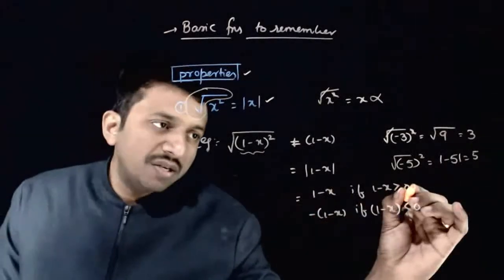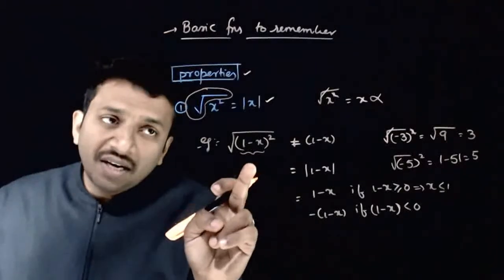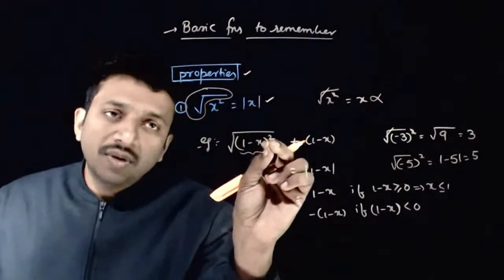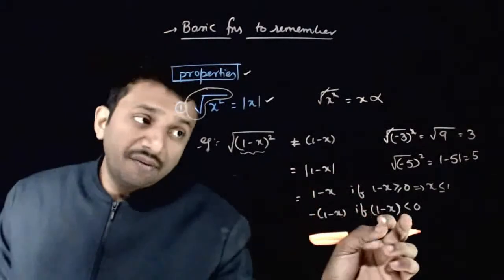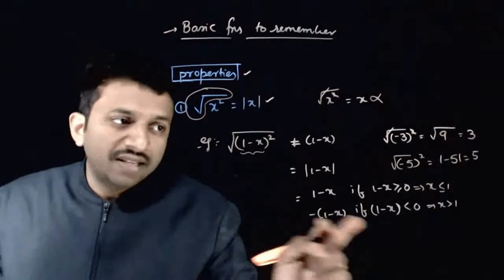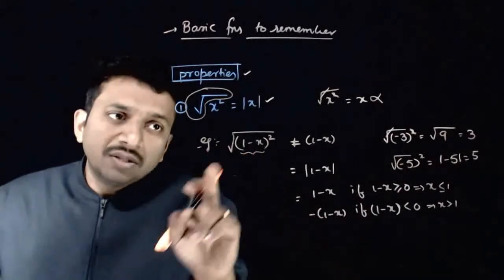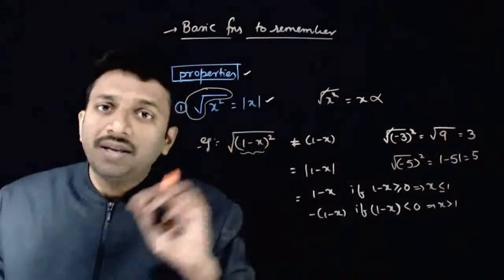1 minus x is positive implies x is less than or equal to 1. So if x is less than or equal to 1, root of (1 minus x) whole square will be exactly equal to 1 minus x. If x is greater than 1, that is, if x is something like 5, then square root of (1 minus 5) whole square is not 1 minus 5.